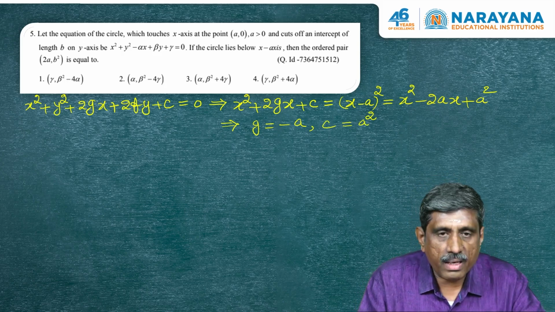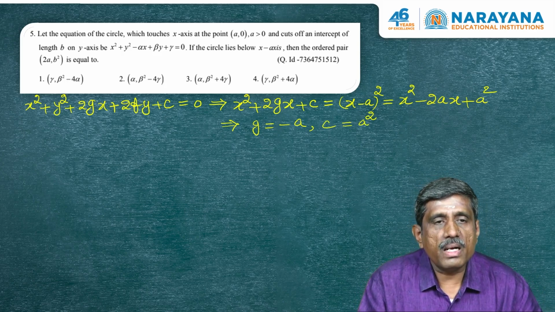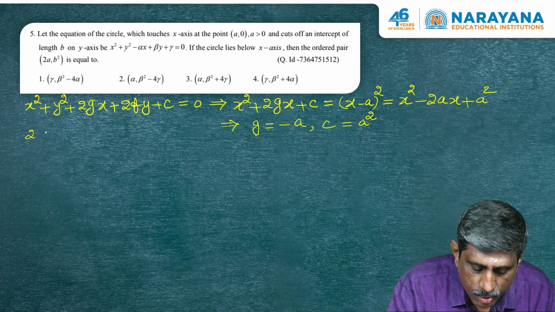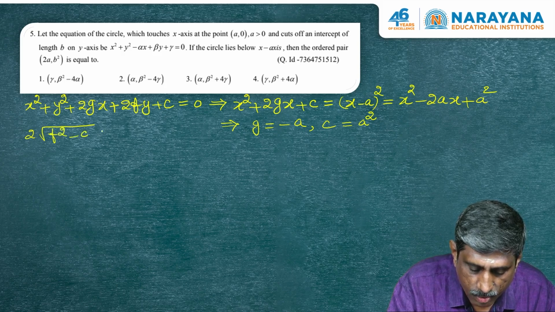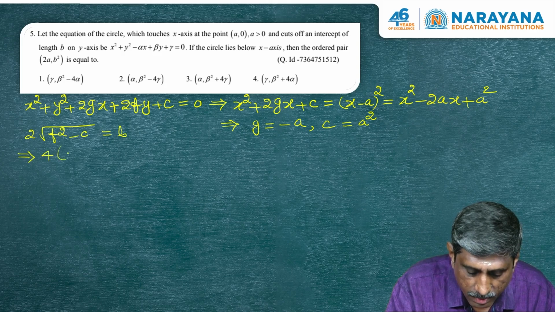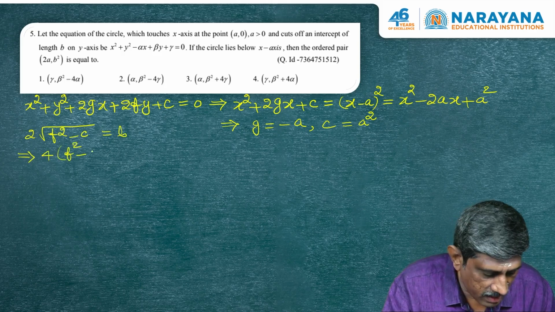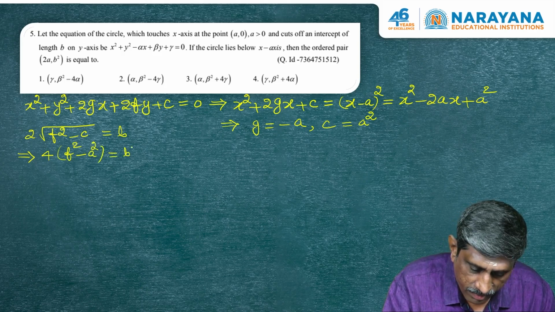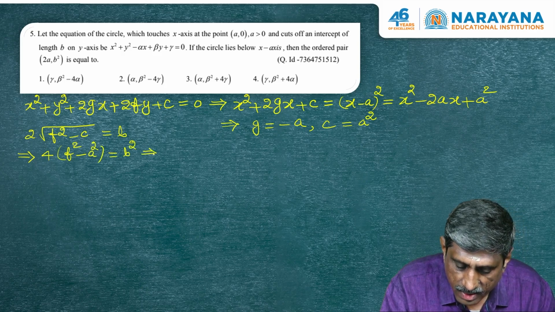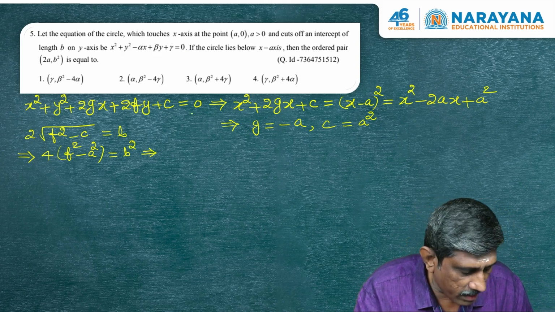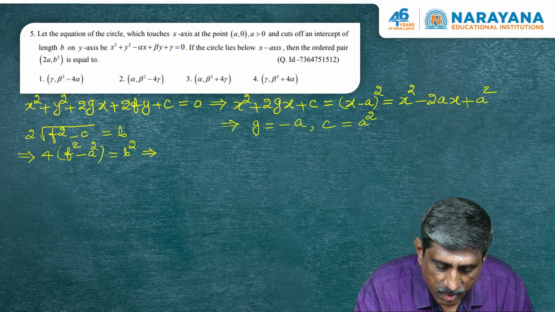Similarly, when the circle makes an intercept of length b on the y axis, we get 2 into square root of f square minus c is equal to b. On simplification, we get 4 into (f square minus c), where c is a square, is equal to b square. Now when we compare this with alpha and beta, the required equation is given as x square plus y square minus alpha x plus beta y plus gamma is equal to 0.